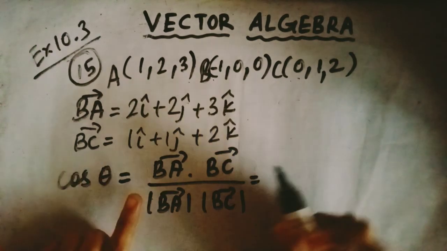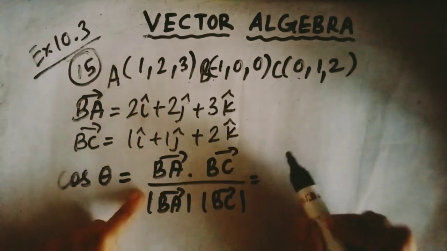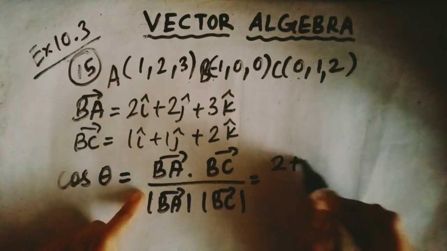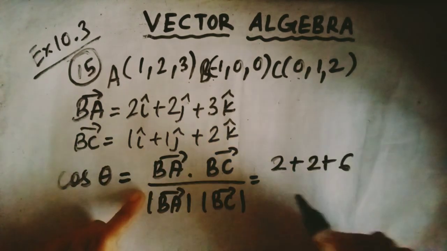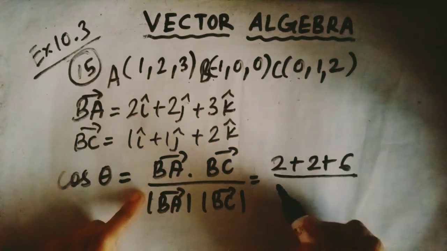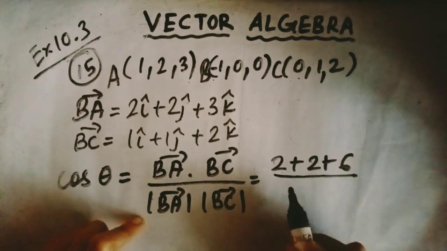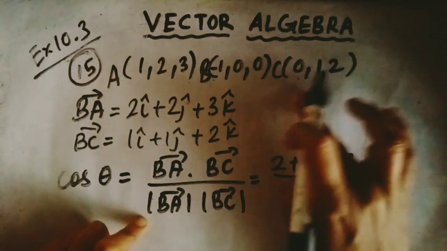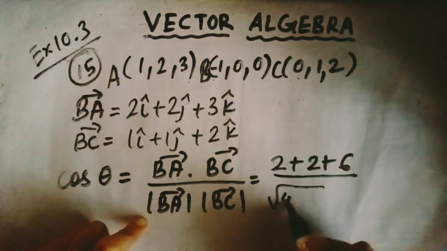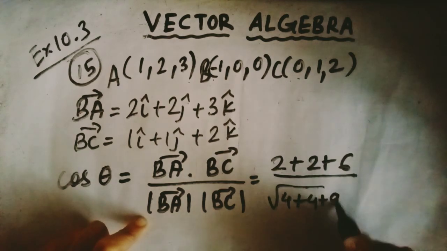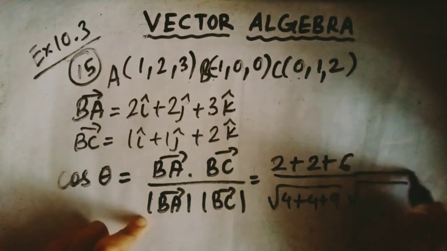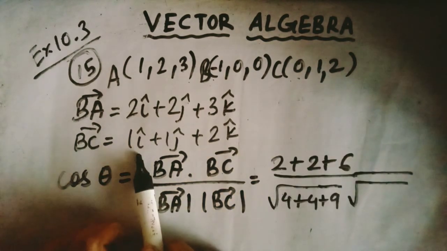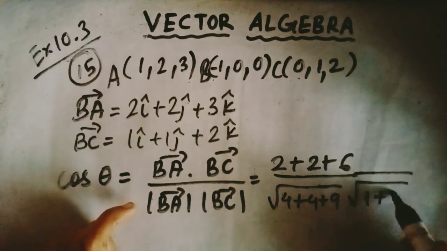Okay, so BA dot BC is 2 plus 2 plus 6 upon magnitude of this is 4 plus 4 plus 9, and magnitude of BC 1 plus 1 plus 4.